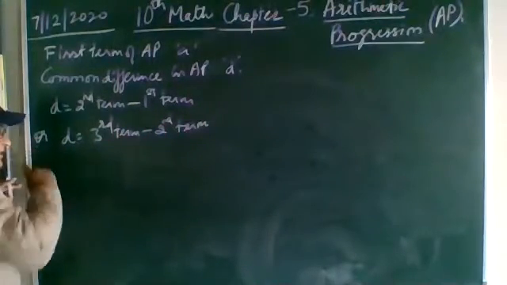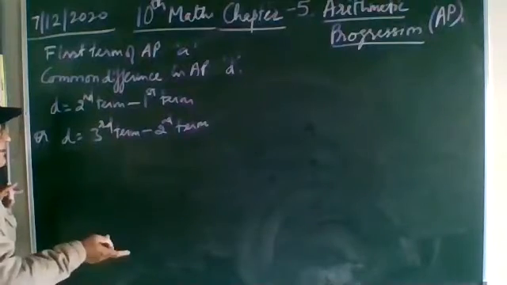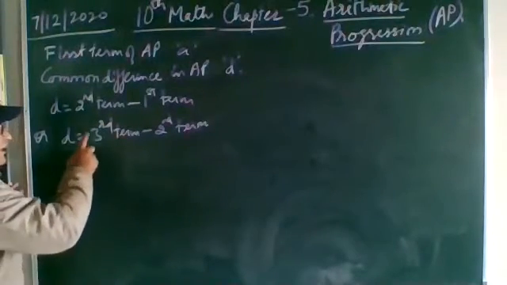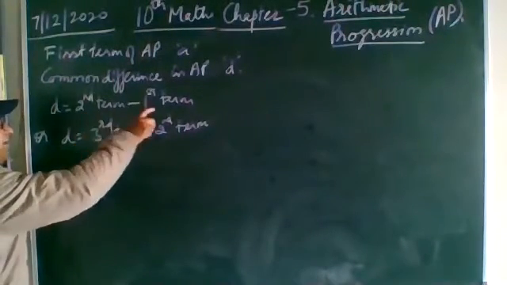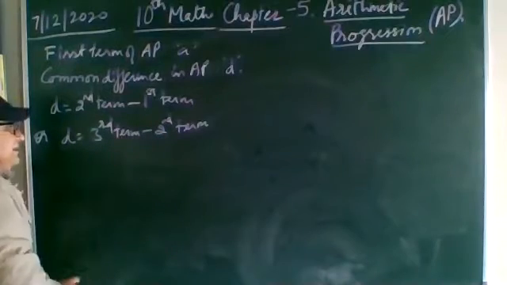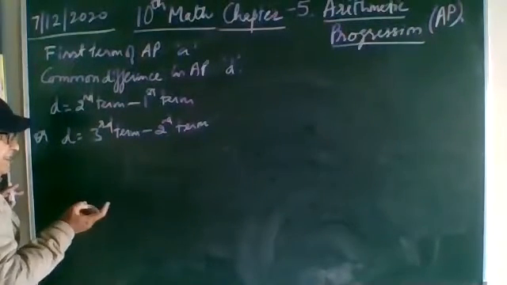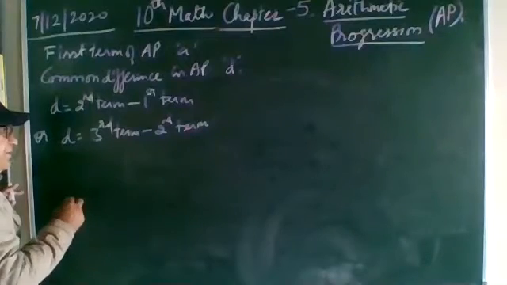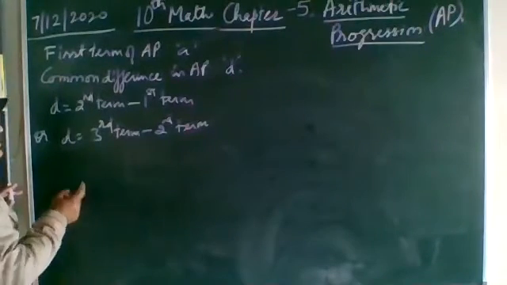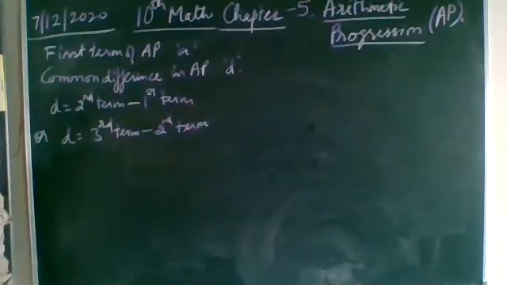Common difference is the successor minus the predecessor: second term minus first term, third term minus second term, fourth term minus third term, or fifth term minus fourth term. So only remember how the common difference can be calculated.